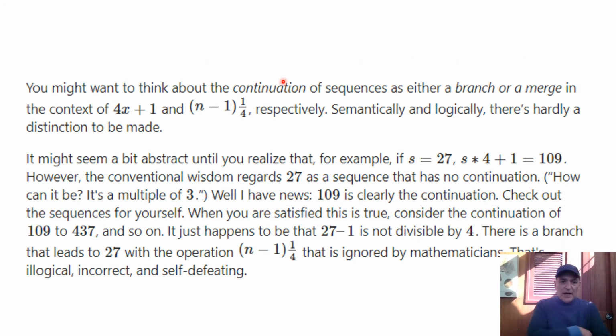So that's why I said you might want to think about the continuation of sequences as either a branch or a merge in the context of 4x plus 1 and m minus 1 divided by 4 respectively. So, you know, you're either going up the sequence or down the sequence, where down the sequence means going to 1.